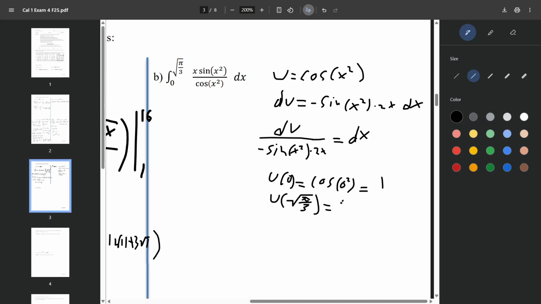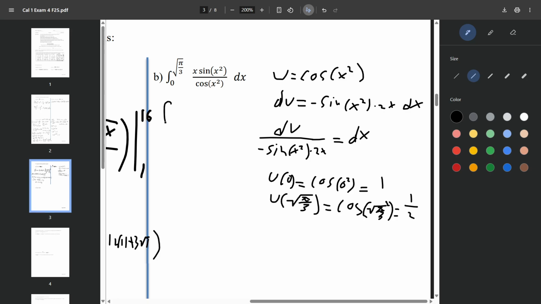And this is cosine of root pi over 3 squared, which equals 1/2, because the square gets rid of the root, and cosine of pi over 3 is 1/2.